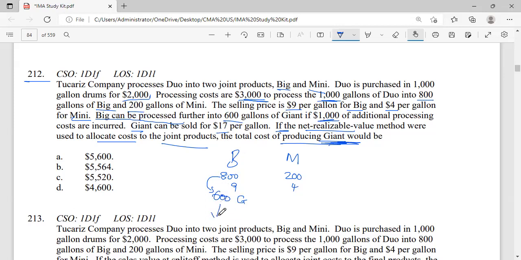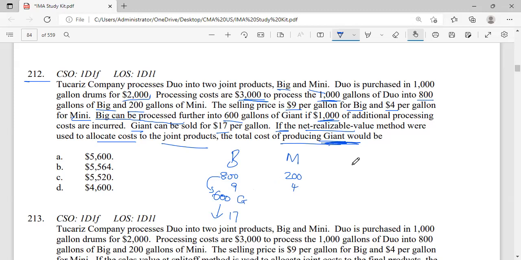So this 600 can be sold for 17 per gallon. Now, if the net realizable value were used to allocate the joint costs, the cost of producing giant would be, okay, so only giant is required. It's not asking about the mini. So let's look at what would be the cost to make this.